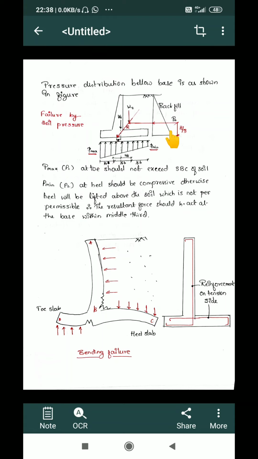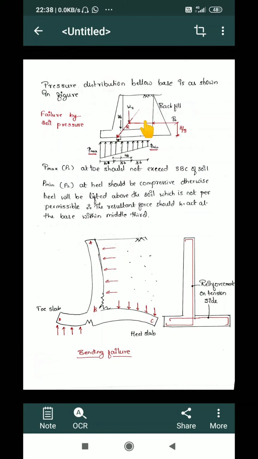I'll draw a pressure distribution like this. Then I'll have one point, the center of this triangular element, where this pressure will be concentrated. Consider the backfill weight as W2, which is acting on the heel slab. This is the heel slab, this is the toe slab and this is the stem.